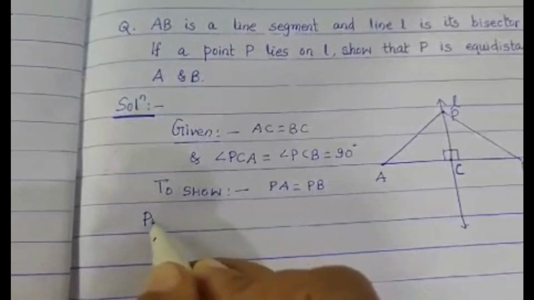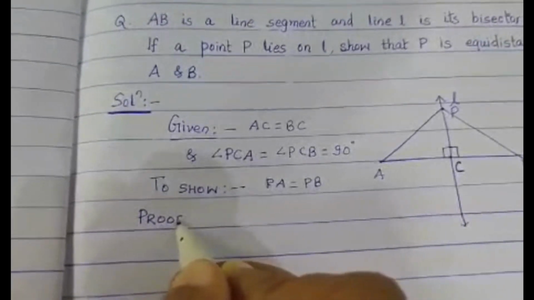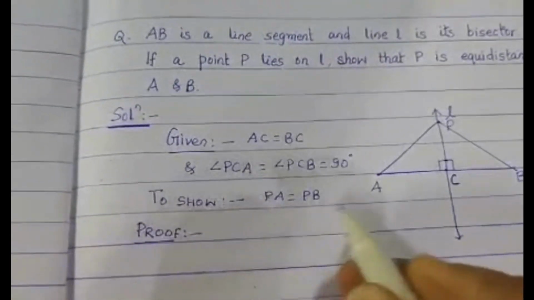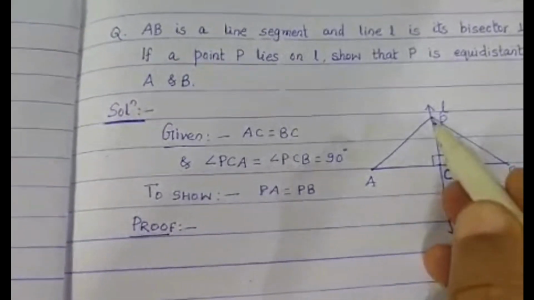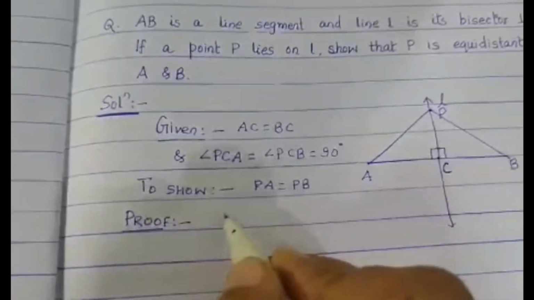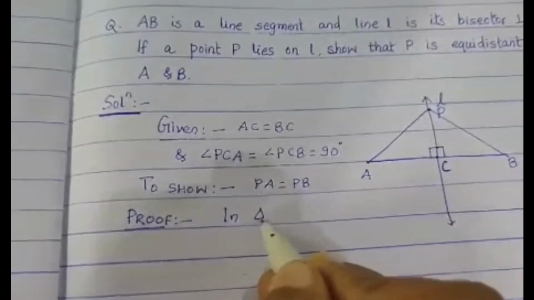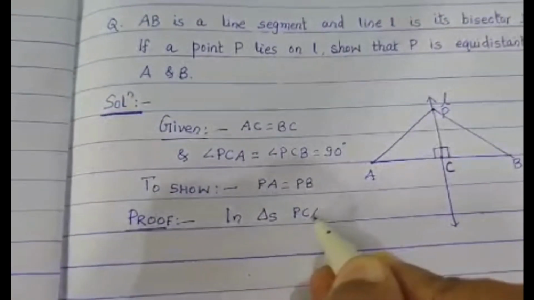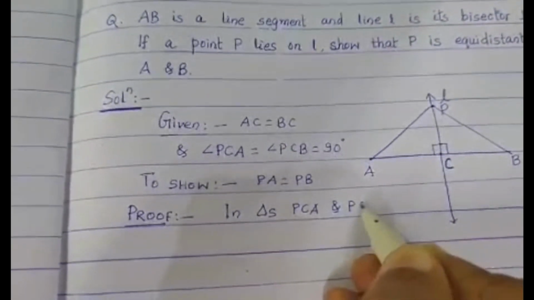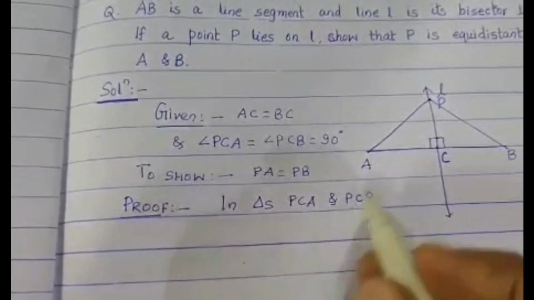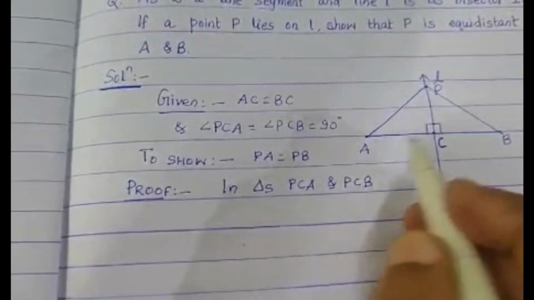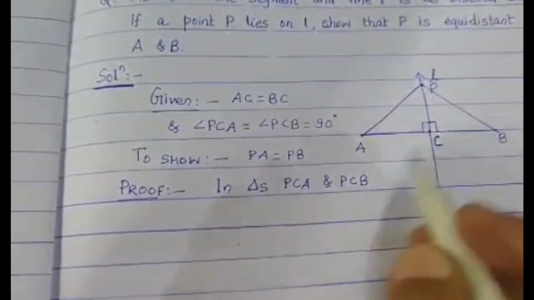Now let us see its proof. We will take these two triangles, PCA and PCB. We want to show that these triangles are congruent.